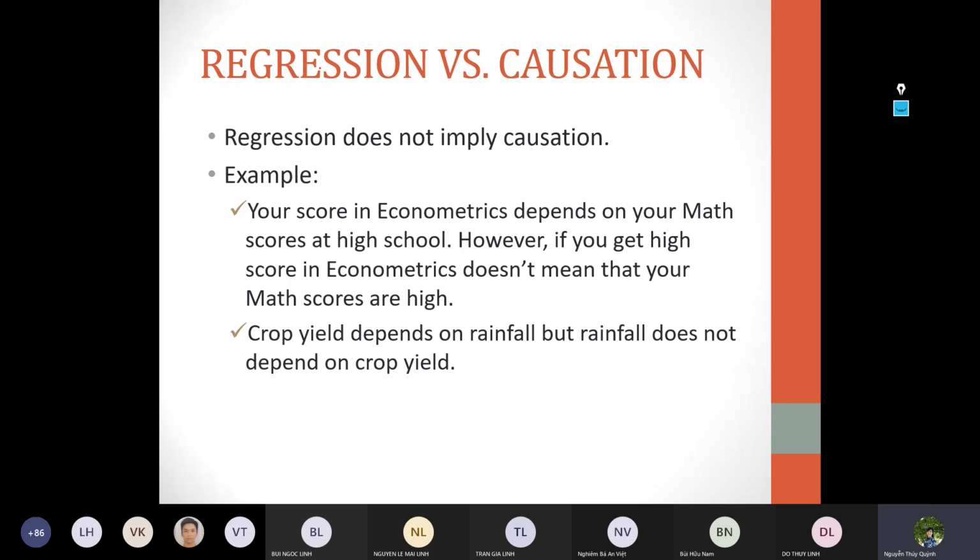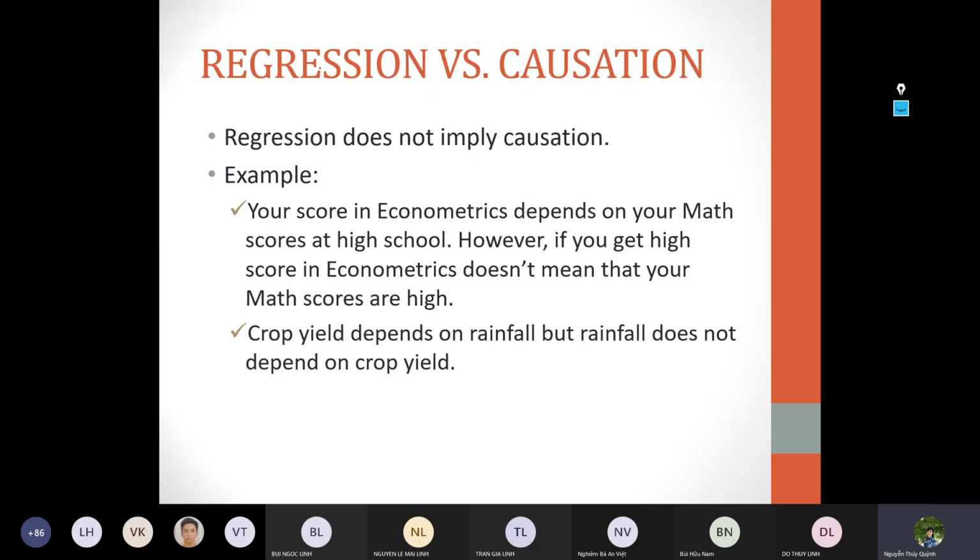Another example is the relationship between crop yield and rainfall. Rainfall affects the crop yield, but the crop yield does not affect the rainfall. So in regression analysis, we only care about a one-way relationship: how the dependent variable depends on the independent variables, not the other way.